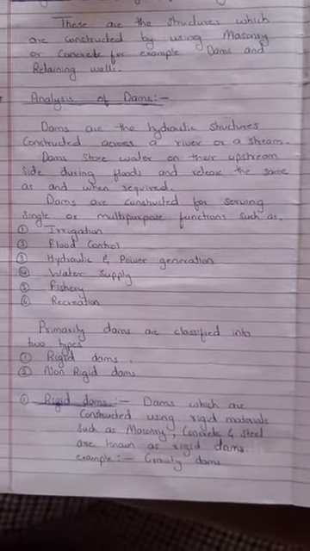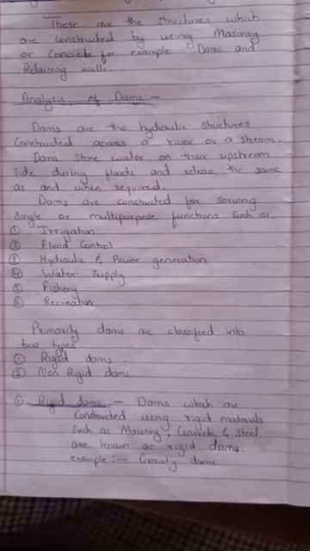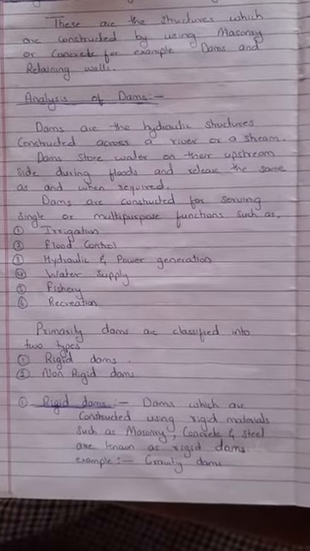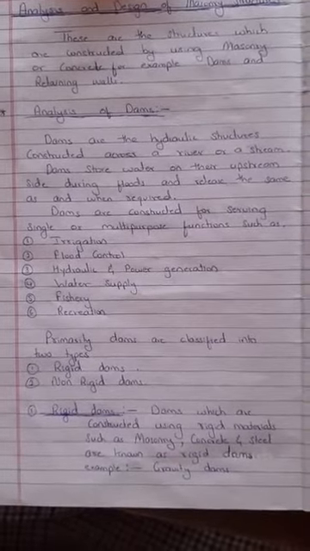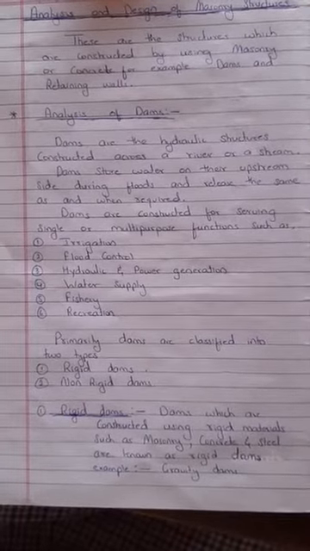These dams are constructed to serve various functions. Sometimes dams are constructed for a single purpose, and sometimes for multiple purposes. Nowadays, the dams which are constructed usually serve multi-purpose facilities. The water which is stored in the dam will be utilized for irrigation, and dams are also used for flood control.